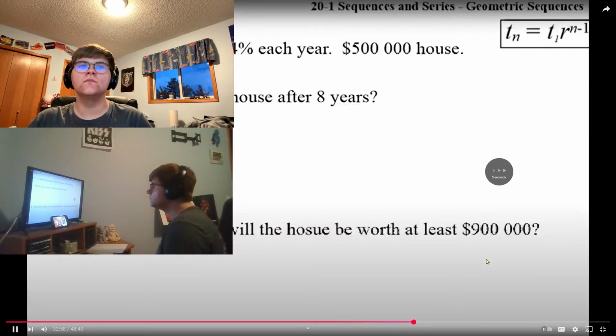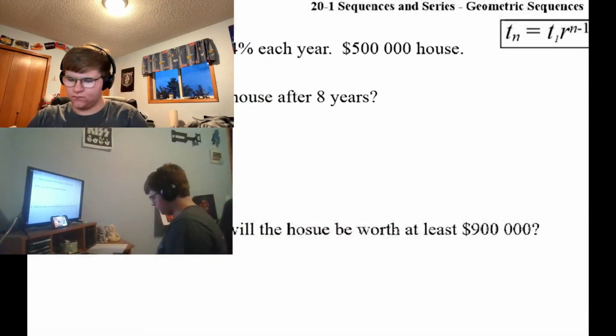So that's the value of the house after 8 years.